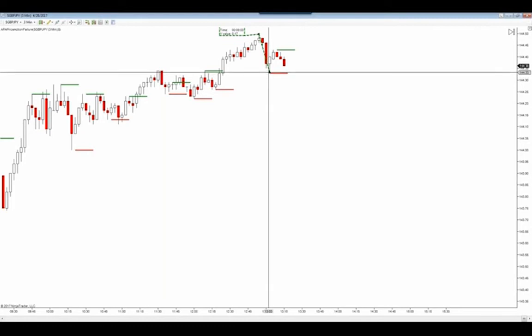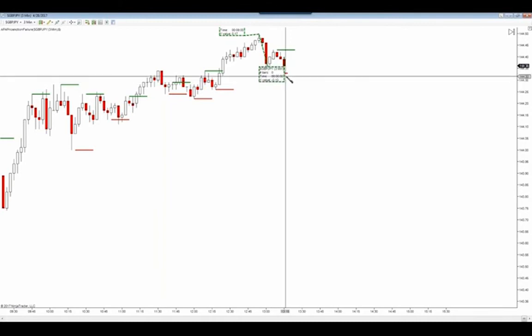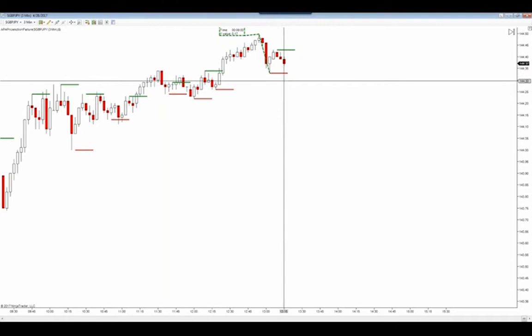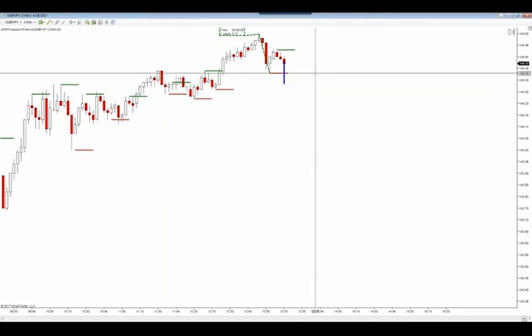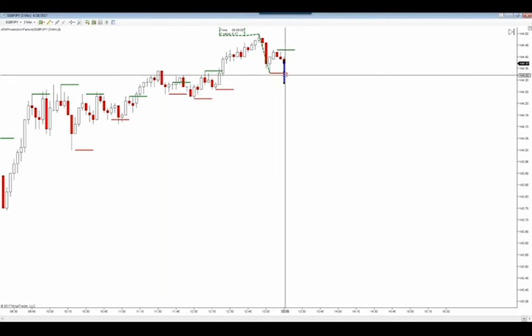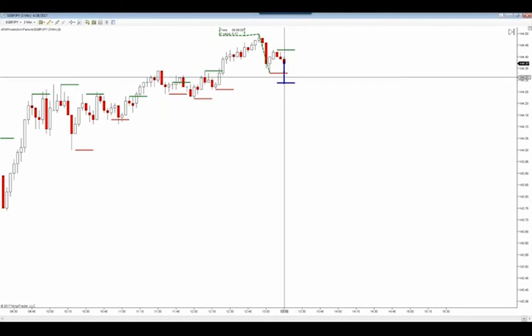This one looks like it's going to fail unless the next bar forms below this in real time and closes below this point. Then this would not be a valid signal. However, if it does, then we could take this to the short side, so let's just say this bar hurries up and closes down there.